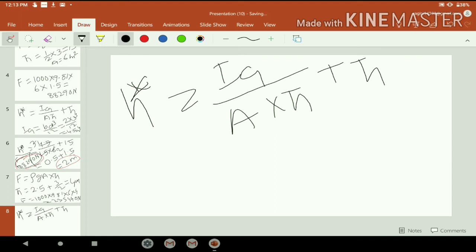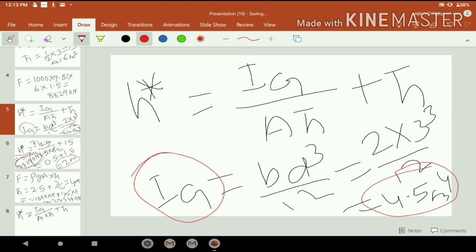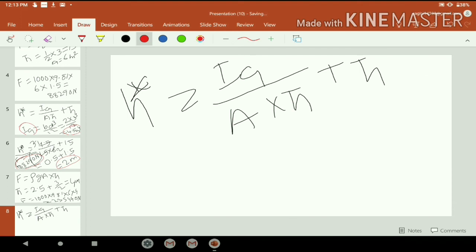Ig is the same as we already determined, 4.5.